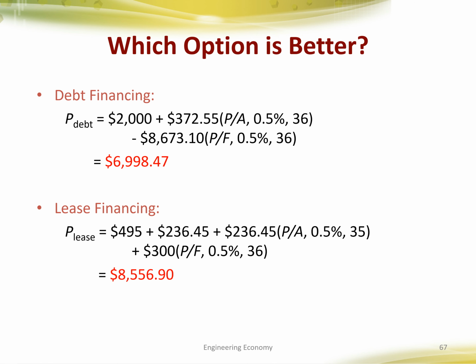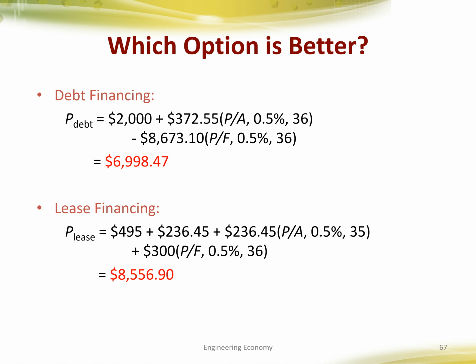So you can come up with the formula and add them together. And in the end, we found that debt financing, that is buying the car and selling the car with a salvage value, the total debt will be a little bit lower than 7,000.